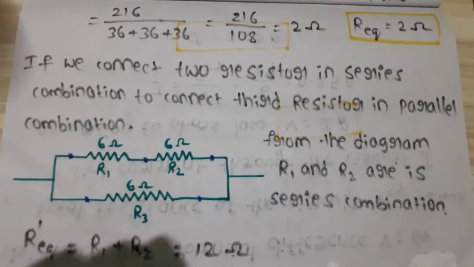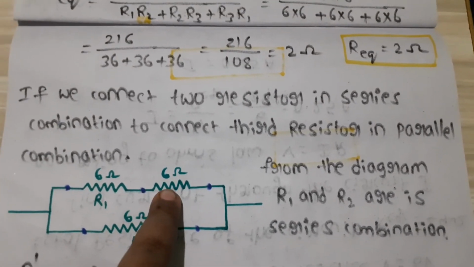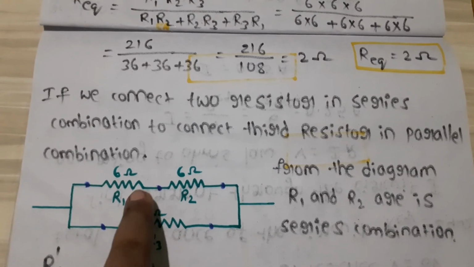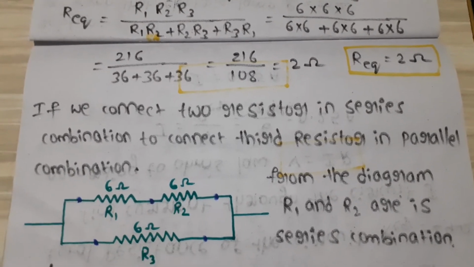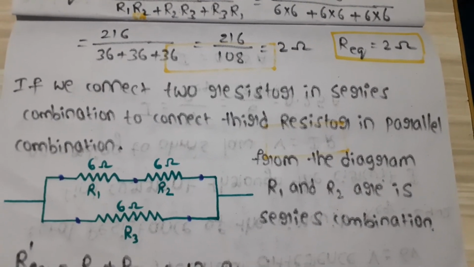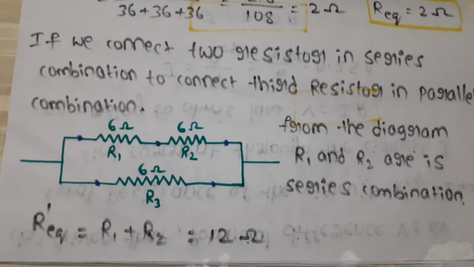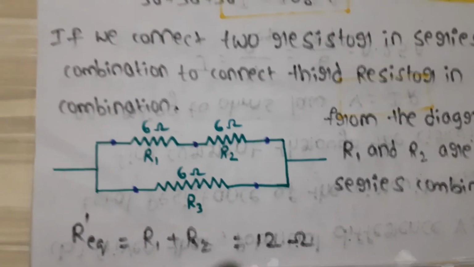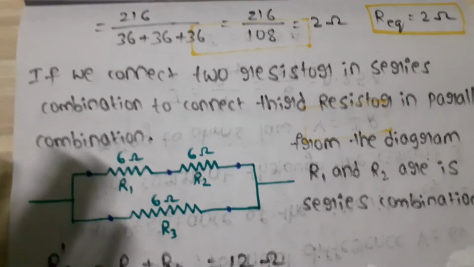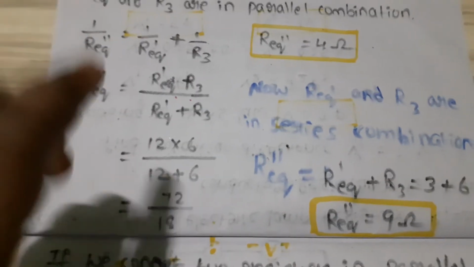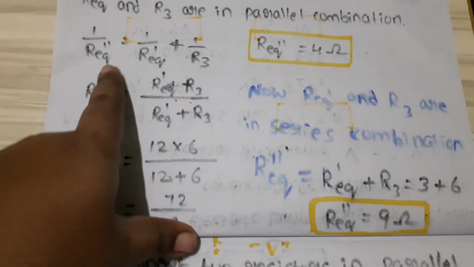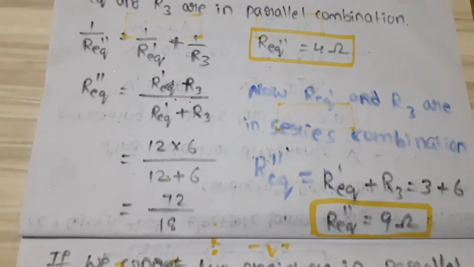In case 3, two resistors are connected in series combination, parallel to the third resistor. Suppose R1 and R2 are in series combination, so total equivalent resistance is 12 ohms. That is the R equivalent dash value. Total circuit R equivalent double dash is parallel to the third resistor.